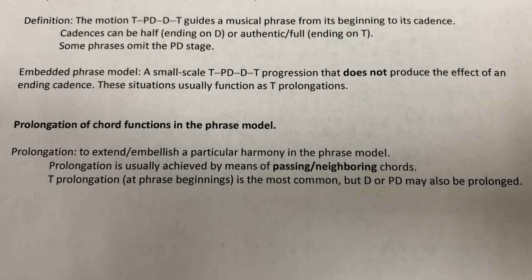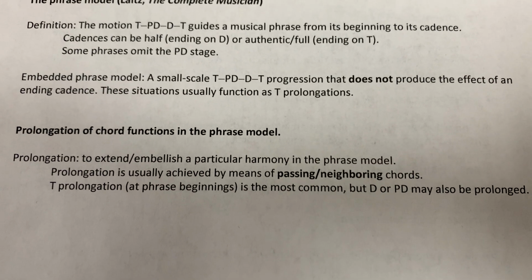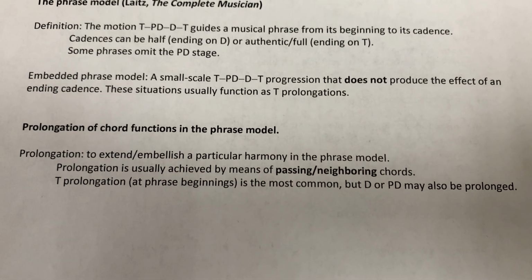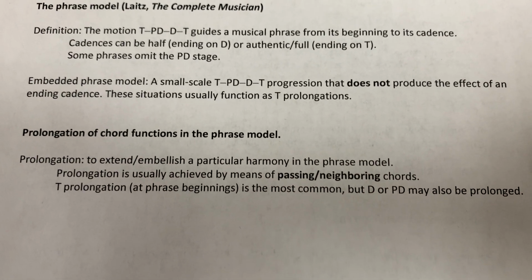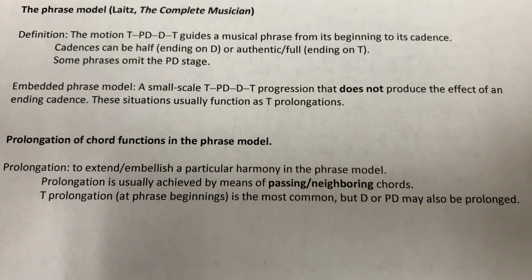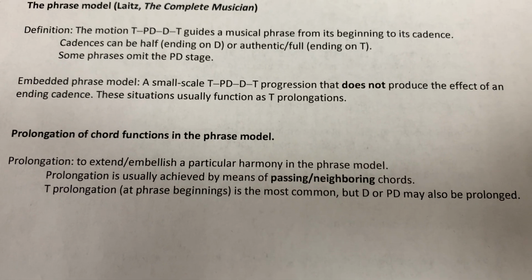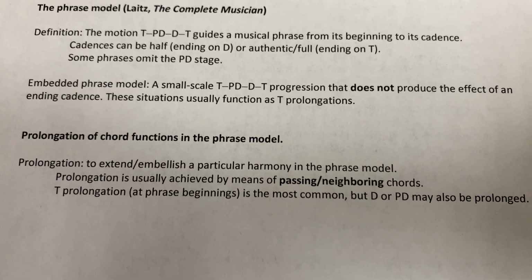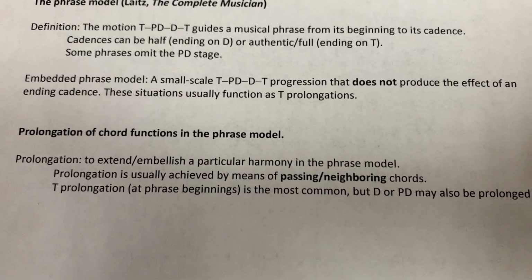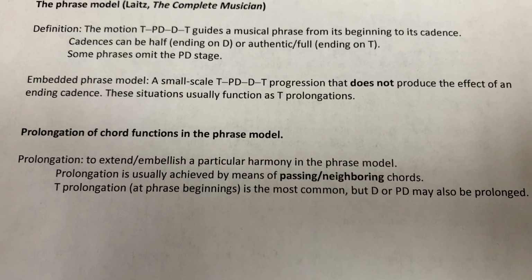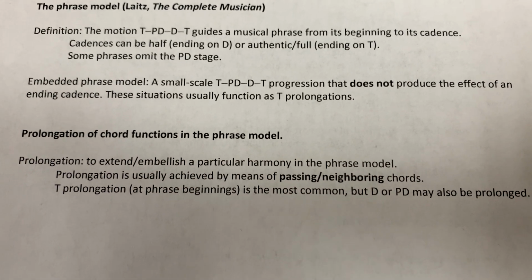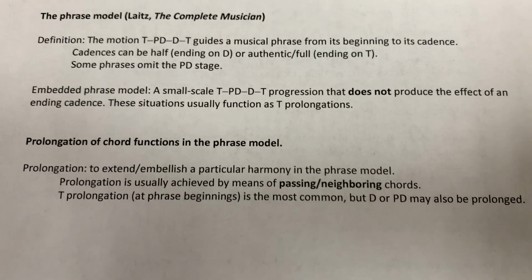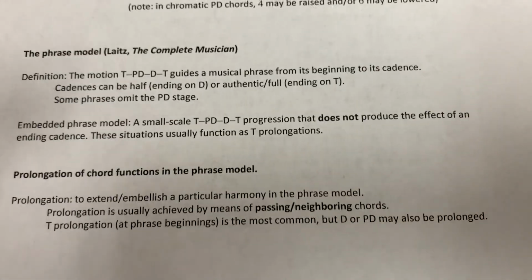So a lot of times we'll be describing certain chords as passing chords or neighboring chords, and this is in relationship to their bass line. This is one of the places we see a relationship between species counterpoint and prolongation, which is the idea of passing and neighboring motions. We learned about passing, for example, in second species. We didn't cover third species, but if we had, that would have introduced neighboring motions. So we'll see the same things happening with chord progressions.